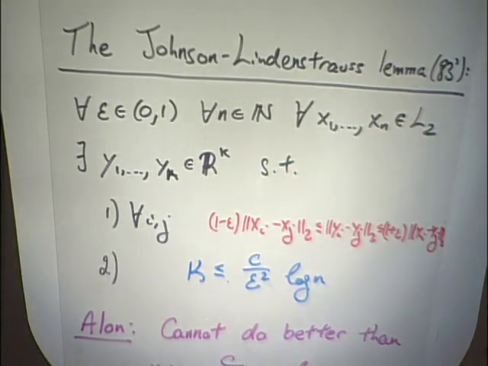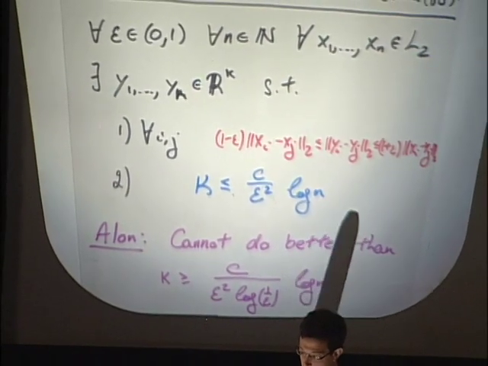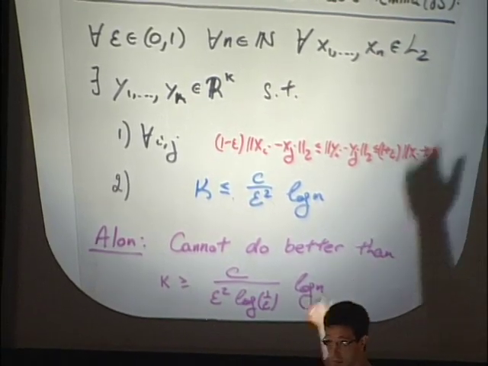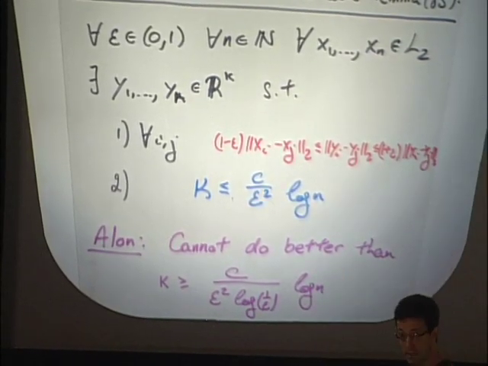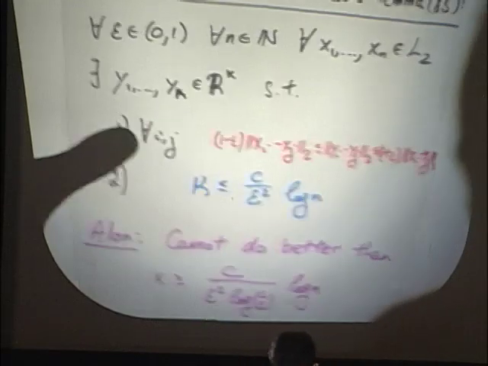For any epsilon and for every n, if you give me n points in R^n, in L2, you can find n points in some R^k, where k is of order log of the number of points, but the pairwise distances change only by a factor of 1 plus epsilon, 1 minus epsilon. And this is optimal both in terms of dependence on n, and up to logs in dependence on epsilon. So this is just optimal.